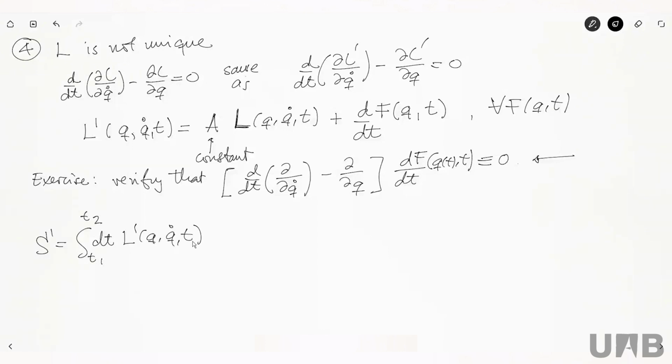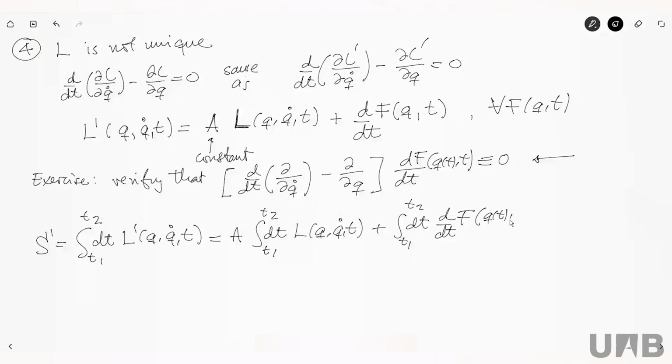And the statement that I'm making, that the physics doesn't change by adding this derivative of f, is the statement that I'm going to get exactly the same solutions from the stationary principle for S prime as for S. So this is A times the integral dt from t1 to t2 of L, plus the integral dt from t1 to t2 of the total derivative with respect to time of f.